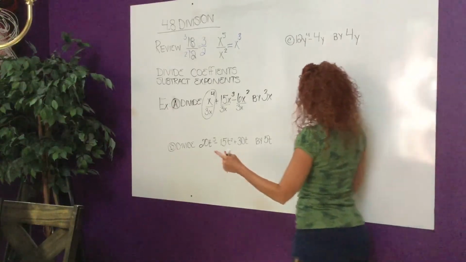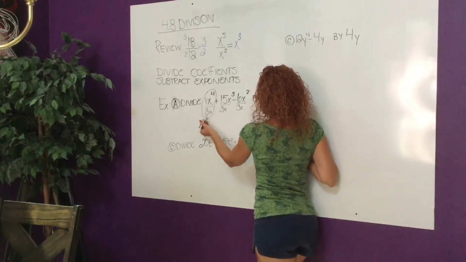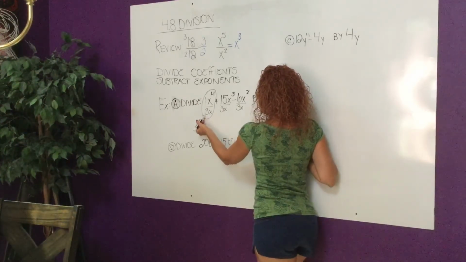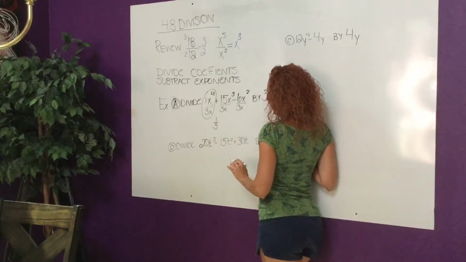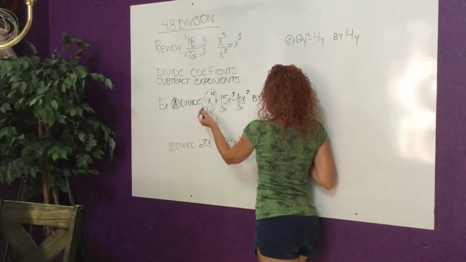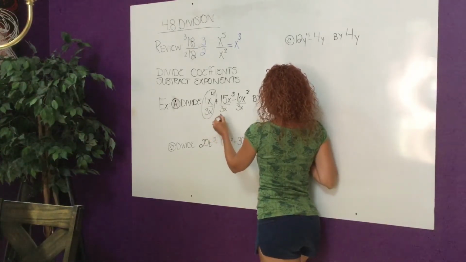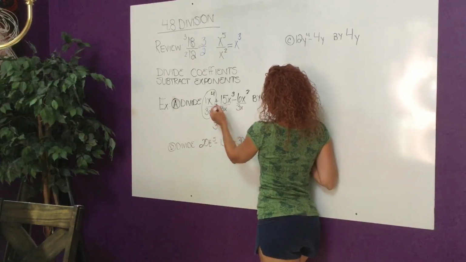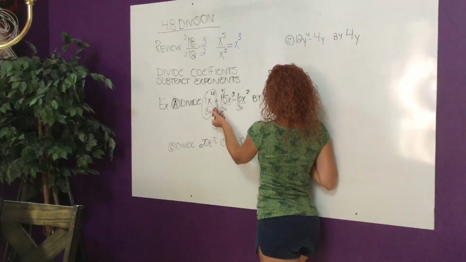So if we have x to the 4th, there's a 1 right there, and there's a 3 here. There are no common divisors between 1 and 3, so we're going to just write that as 1/3. And then we're going to subtract those exponents. So 4 minus 1 is 3. Between 15 and 3, 3 goes into 15 5 times, and it's going to be a plus.